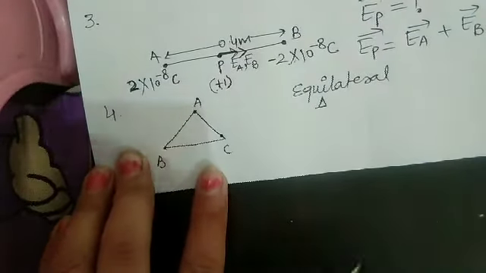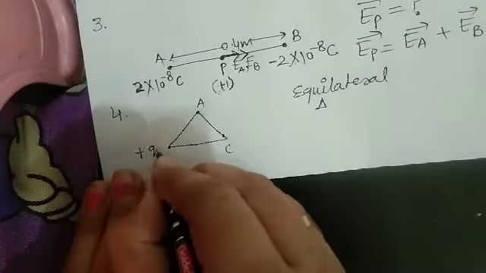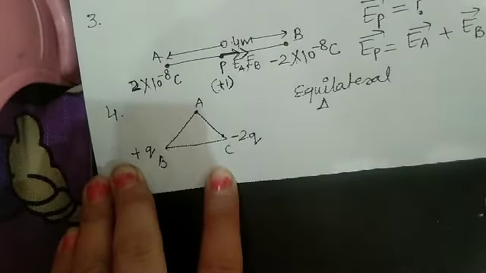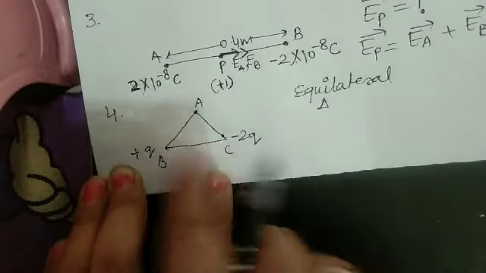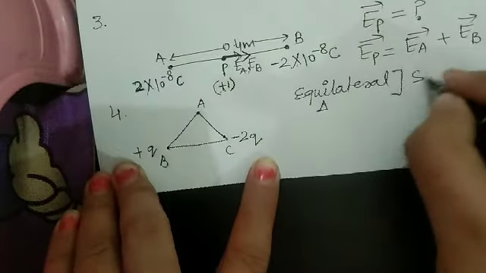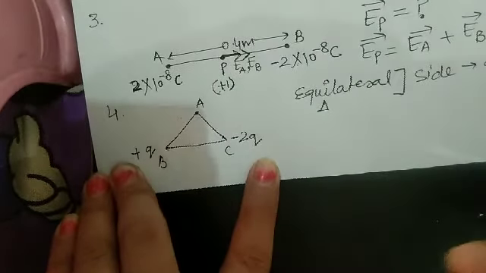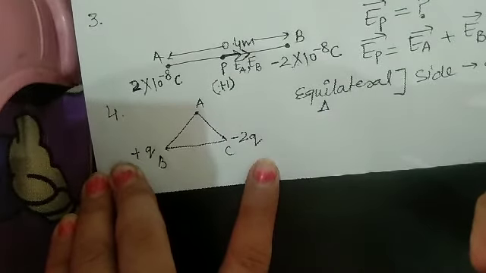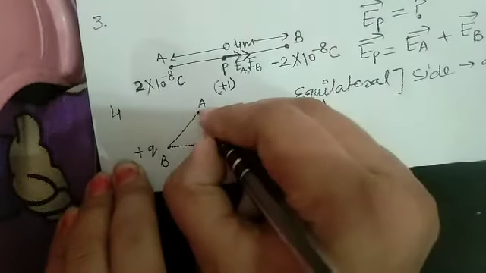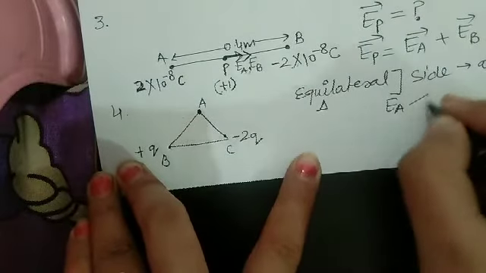There are two charges: plus Q located at B, minus 2Q located at C. It means B and C have charges, and the equilateral triangle has side a units. What we have to calculate? We have to calculate the value of the electric field at point A.